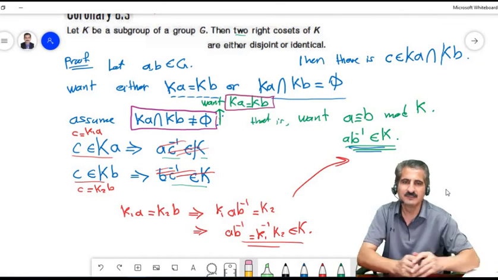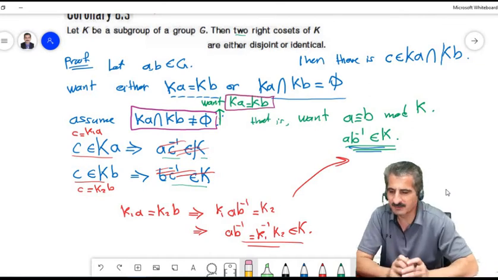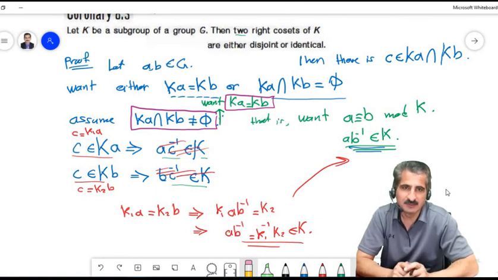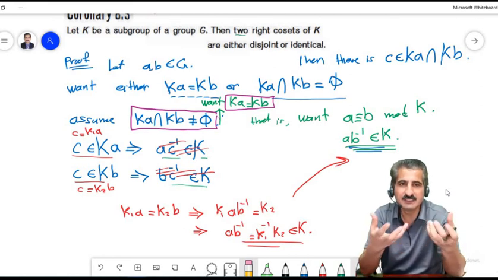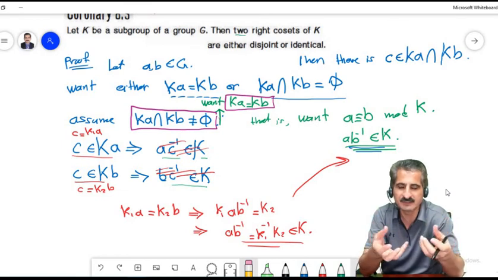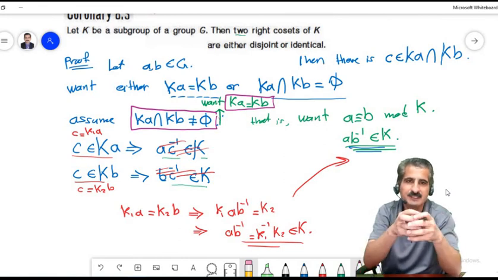So two right cosets are either identical or disjoint. That means if you take two different right cosets, they essentially share nothing, or they are actually the same coset.